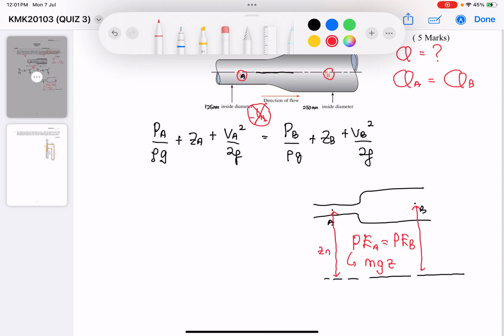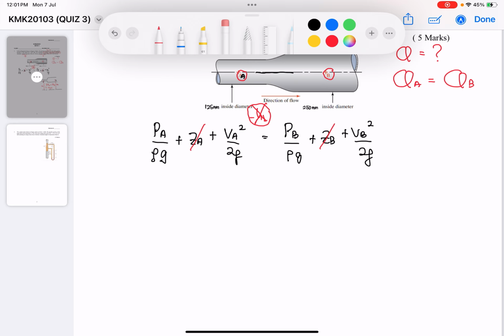So this one is going to be ZA, this one is going to be ZB. Therefore, in this case, I can cancel out my ZA and ZB. I know from the diagram that ZA is equal to ZB because it is a horizontal pipe.